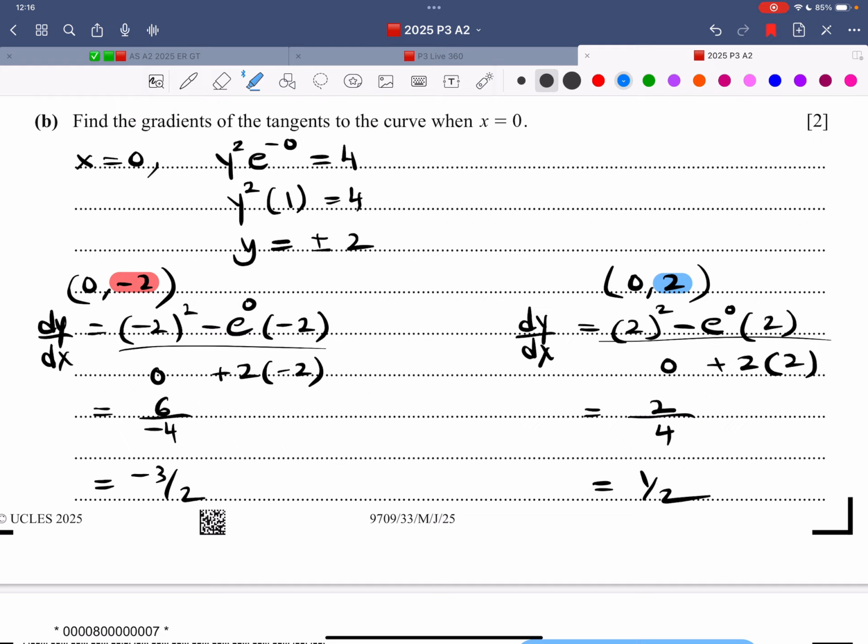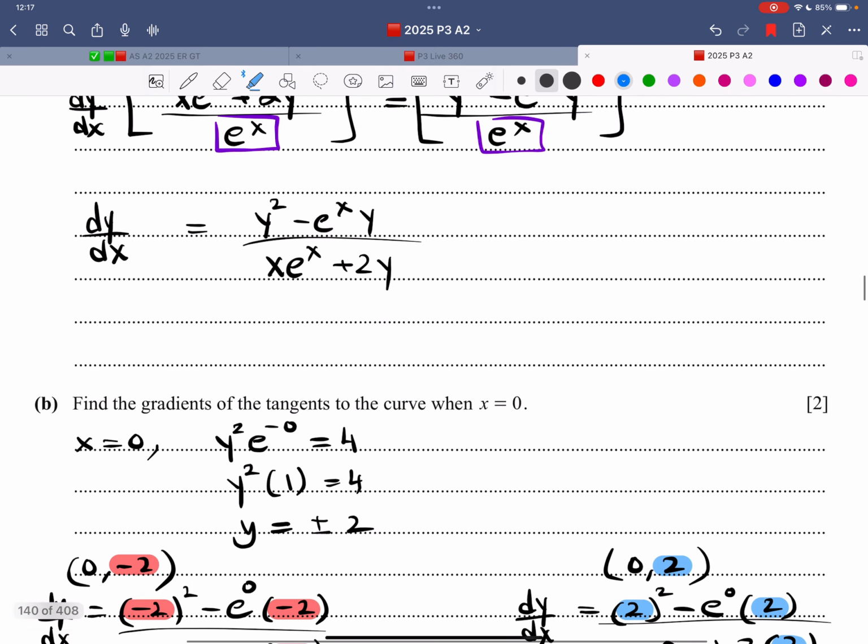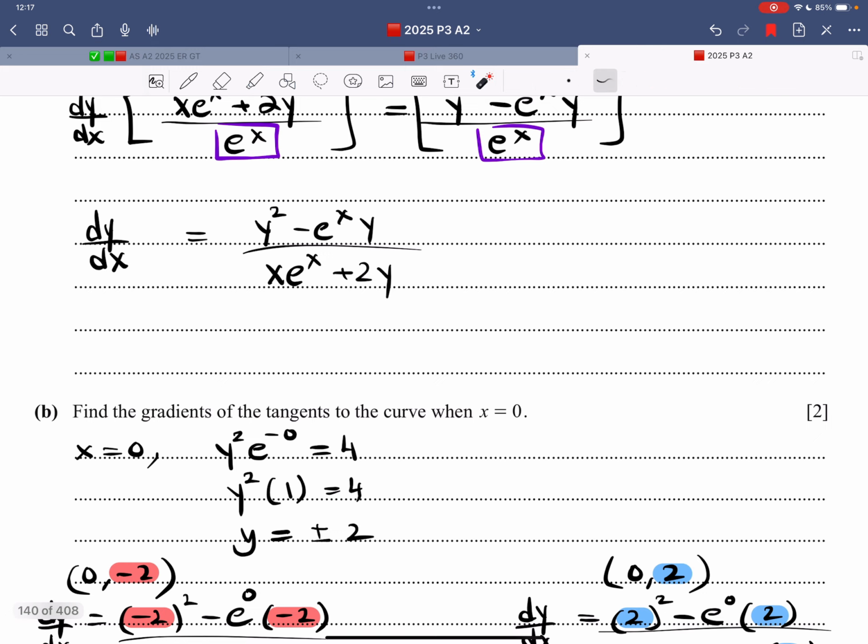When we plug in negative 2 over here, this is negative 2 square in dy by dx. This is negative 2. This is 2 into negative 2. And this was x. And over here, this is 2, this is 2, this is 2. And that is dy by dx. So when we plug in 0, this thing disappears. E raised to power of 0 is 1.